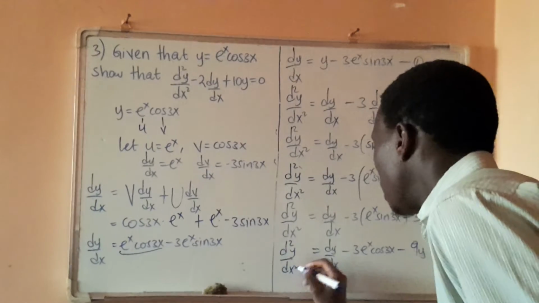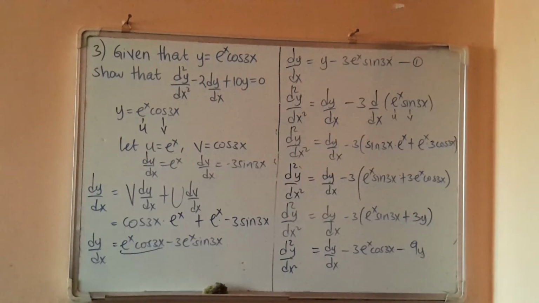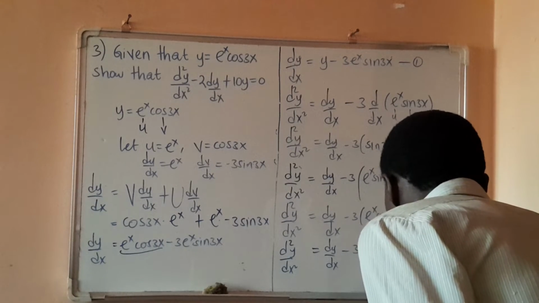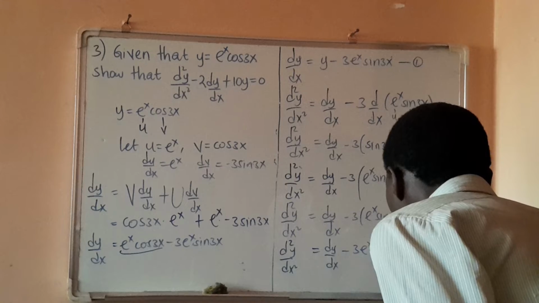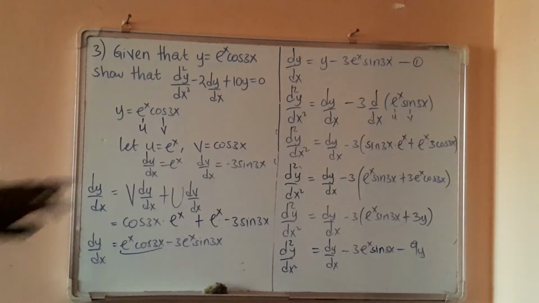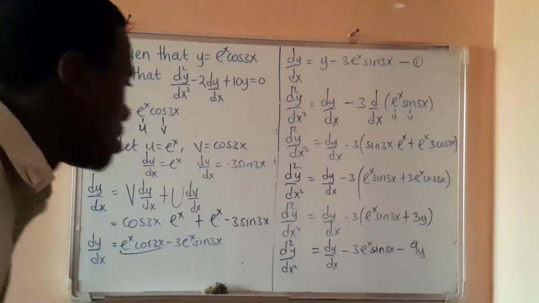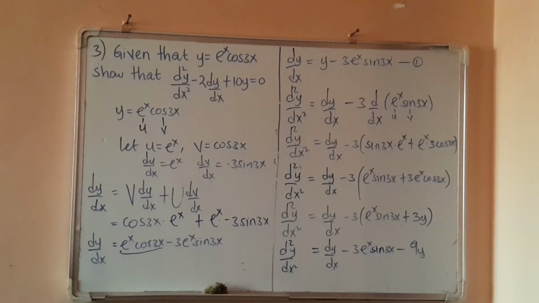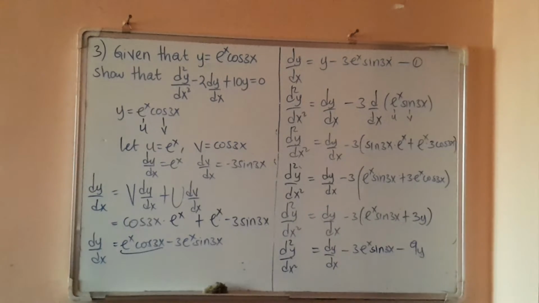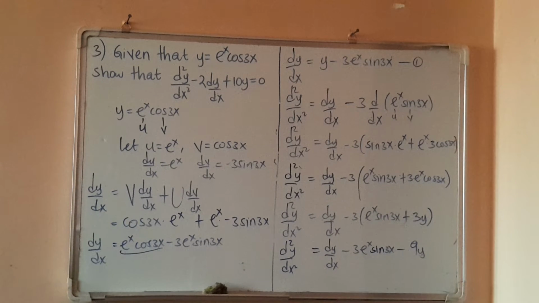We have that. So when you look at what we are supposed to show, this is sine, this is sine. So we want to show this, so we don't need sine. How can we get rid of 3 exponential x sine 3x? We can substitute it from equation 1.